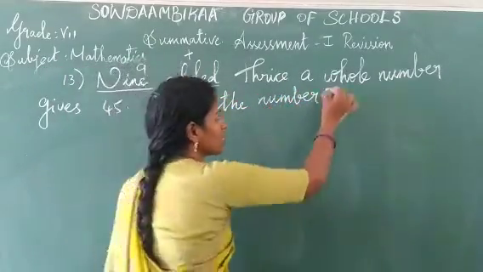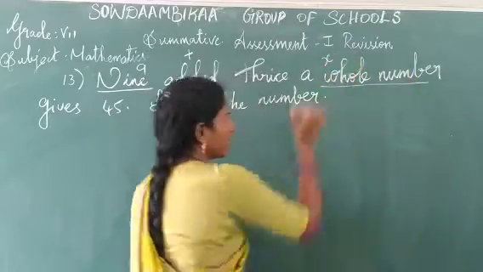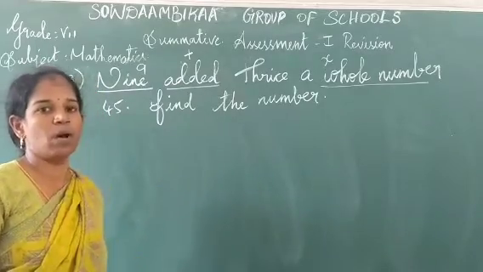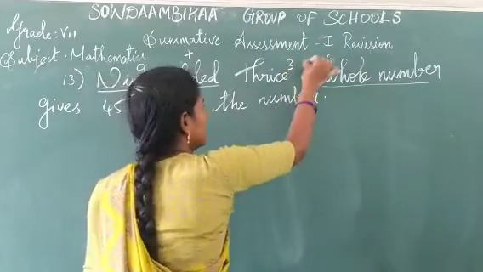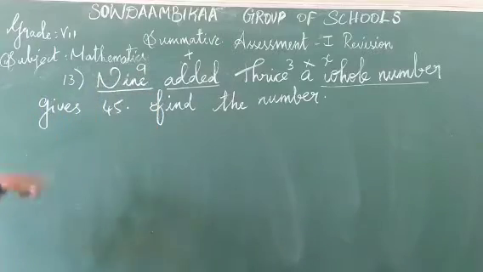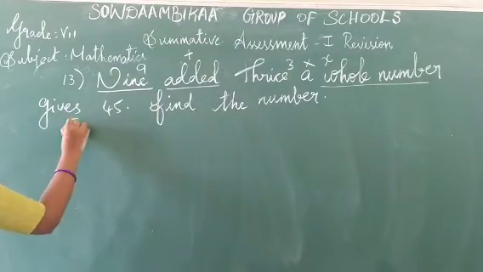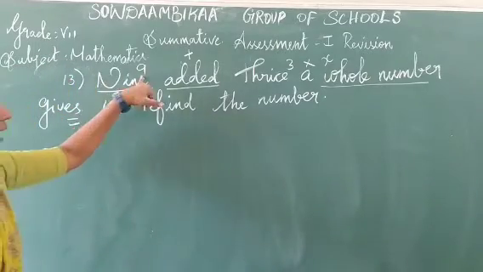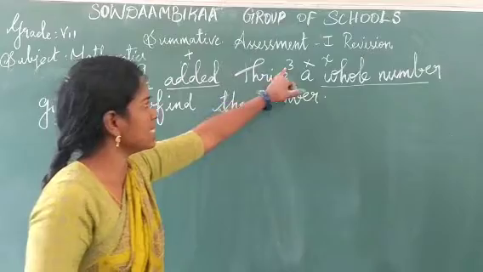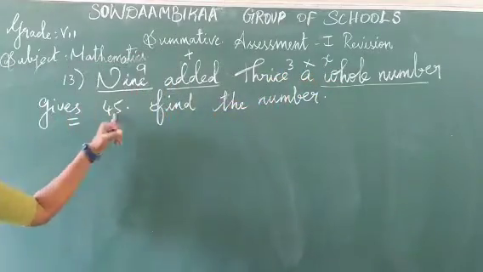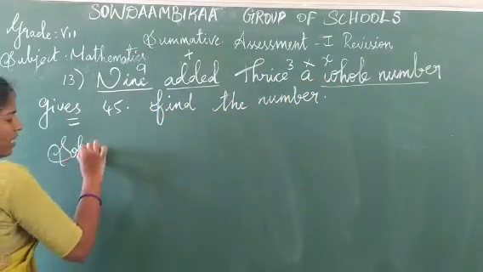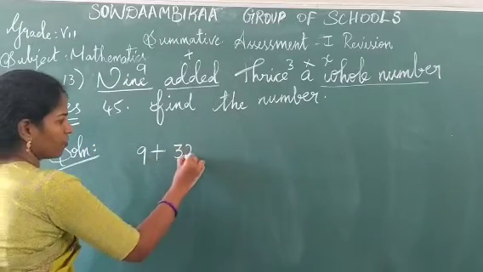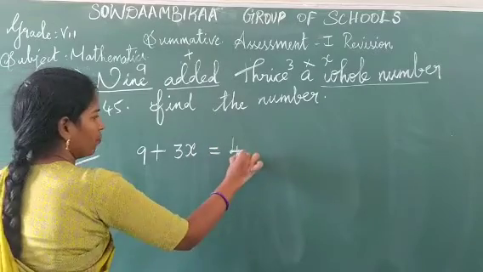The whole number is not given, so we have to keep x. Thrice means 3 times the whole number, that is 3 into x. Gives means equal. 45. Find the number. Listen once again. 9 added to thrice the whole number gives 45. How to reduce to the equation? 9 added to 3 times x gives 45.